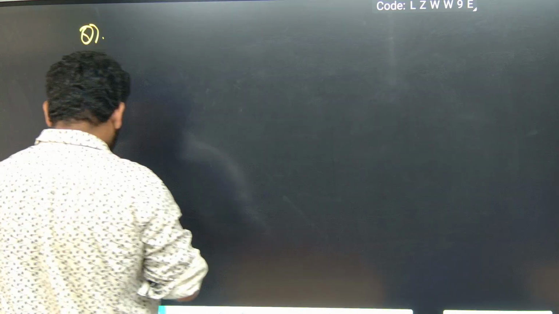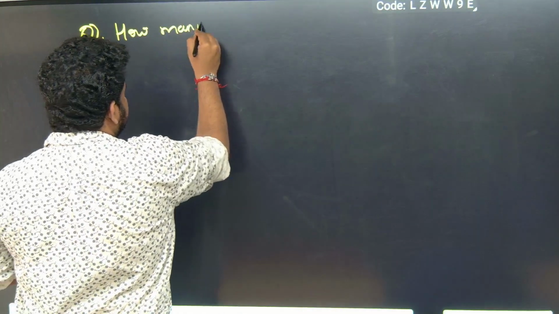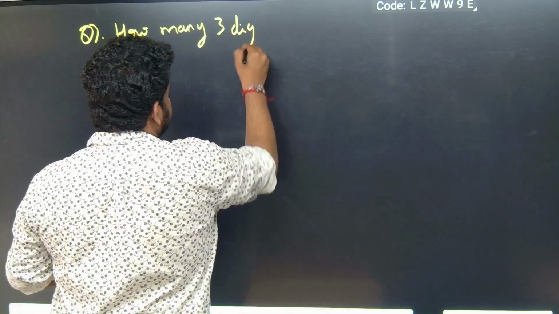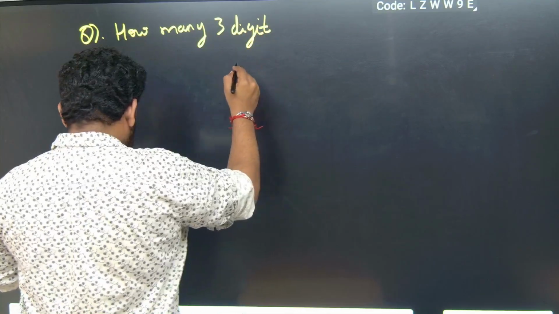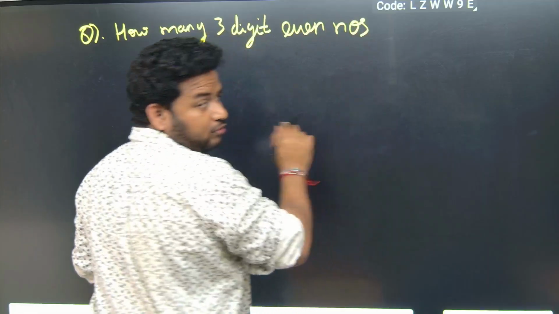So please pay attention. They are telling how many 3 digit even numbers. You may be thinking same question is coming. No, here is the twist.